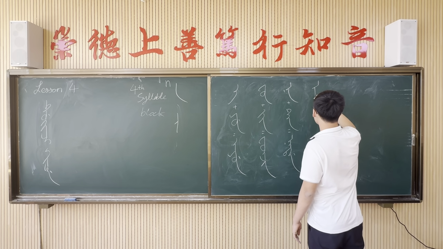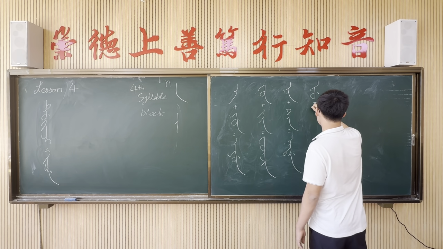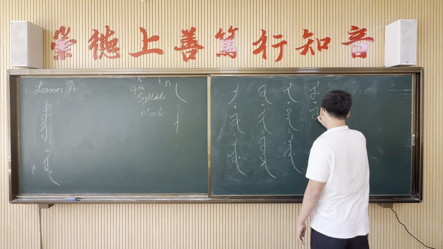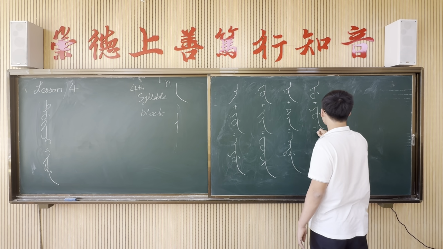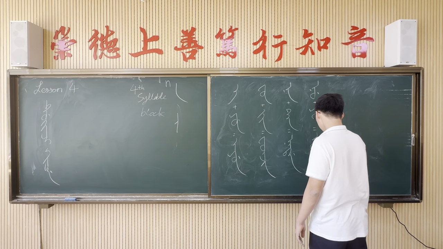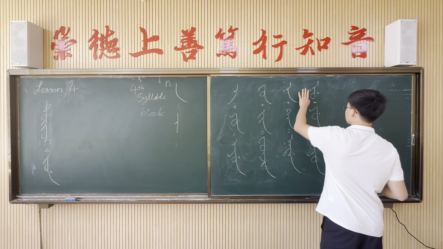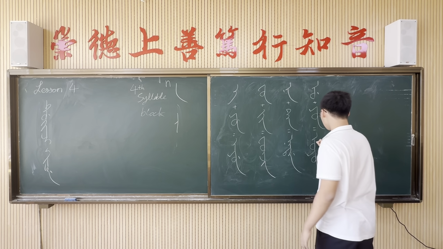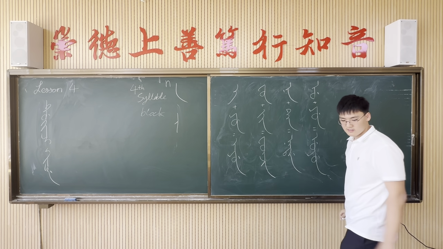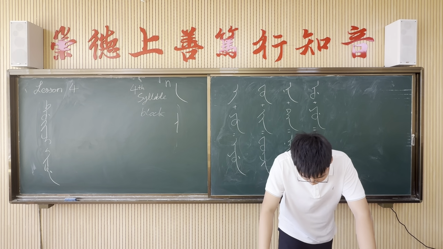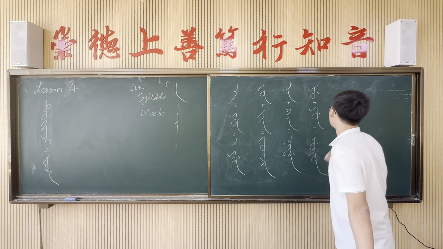Now we have U plus Yun. Yun. Oops, I actually wrote an extra dot. So Yun. Yun means 9, right? And then we have Zhuan.